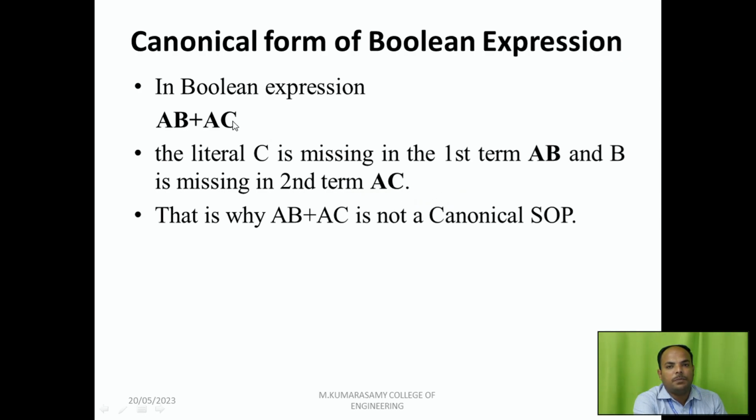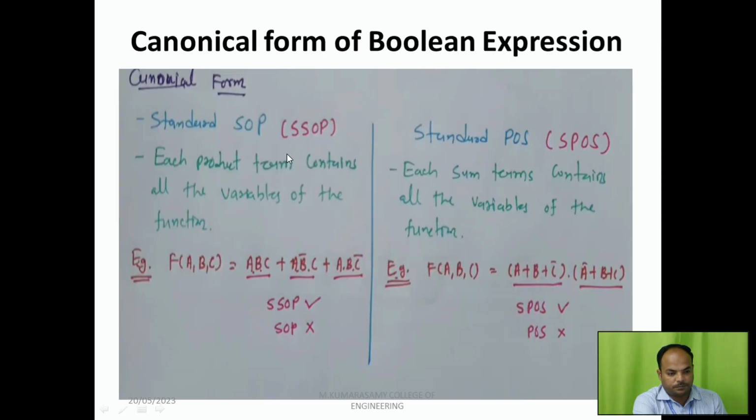So this expression is not a canonical form of Boolean expression. As I mentioned, all the literals should be present in each term of a canonical form. That's why AB plus AC is not a canonical SOP. It is named simply SOP, sum of product.